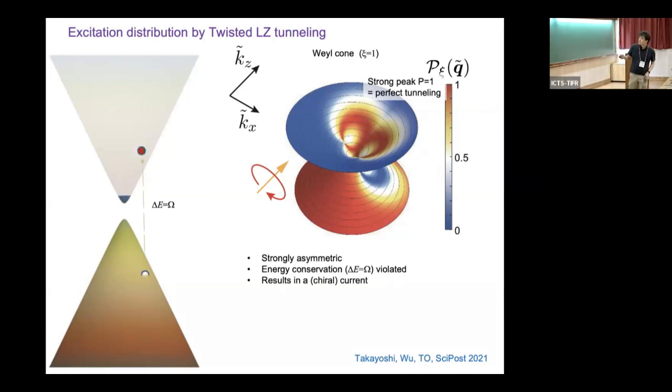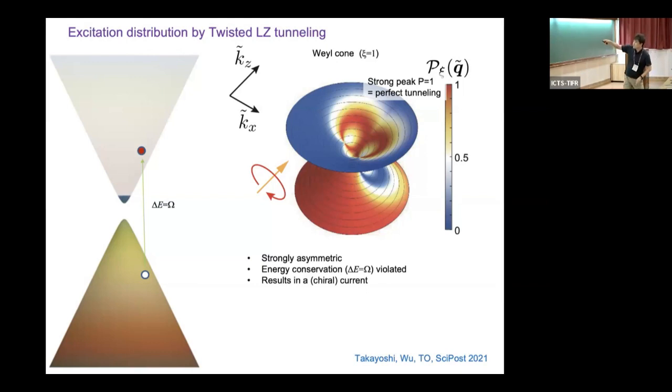So we just consider excitation. For each momentum point, we calculate this tunneling probability and plot it against each momentum. And we find that if we have circular polarized light in the Z direction, our excitation will be something like this.